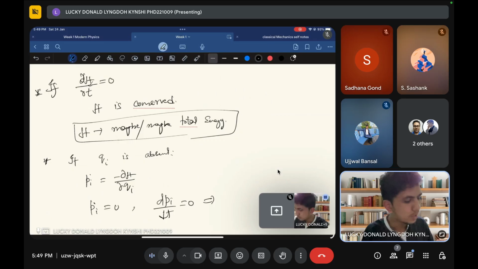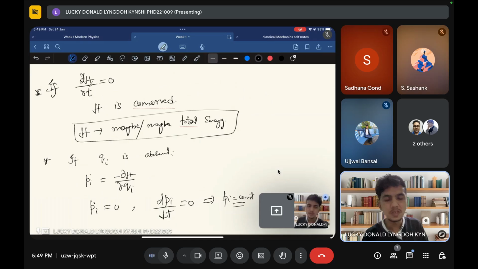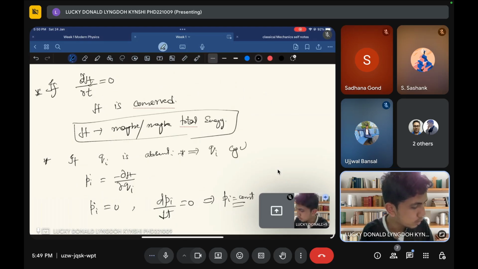What does it imply? It implies your momentum Pi is equal to constant. So this is also one important thing that usually comes in questions: suppose Qi is absent, then which quantity is conserved or constant. If Qi is absent, then you call this Qi a cyclic coordinate.